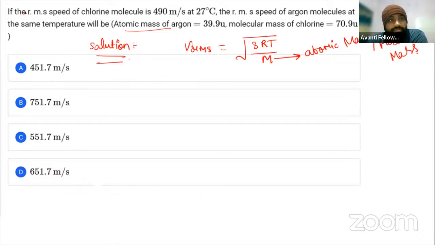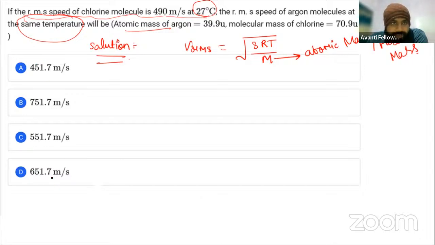But in this question, if you read it carefully, the RMS speed of chlorine molecule is given at 27 degrees Celsius, and we need the RMS speed of argon molecules at the same temperature. So relating V_RMS with temperature has no point in this question because the temperature is same. You may say, okay, V_RMS varies directly with temperature, so temperature is same, so speed will also be same.